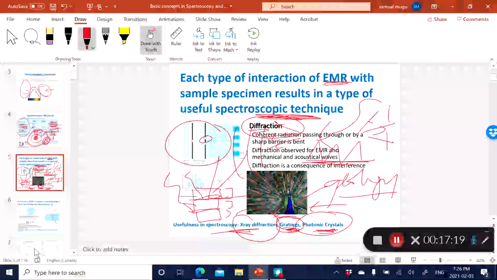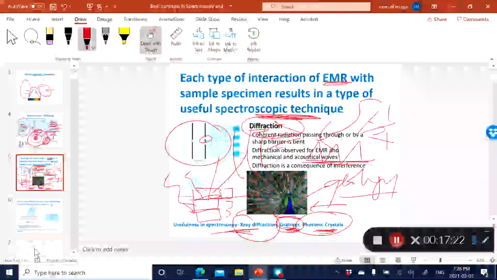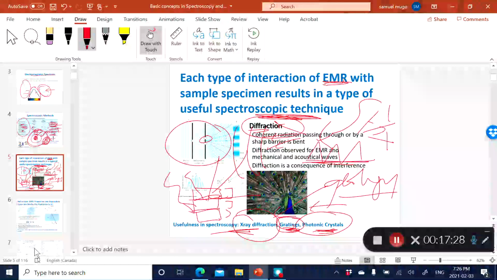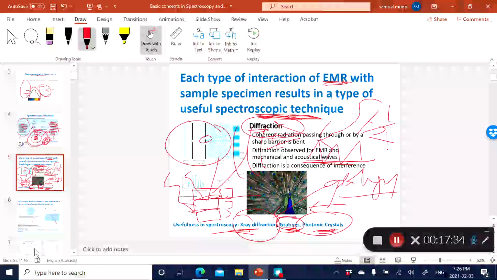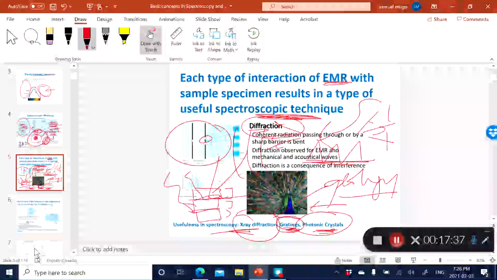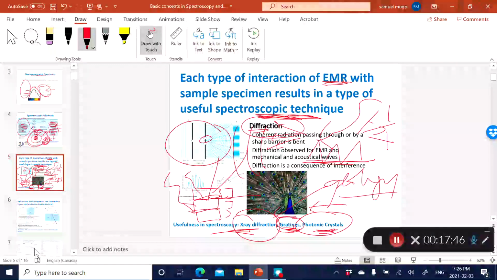And the good thing with photonic crystals is that, unlike chromophores, where you need to keep repainting because the intensity of the color gets bleached over time as the paint is being exposed to the environment, with oxidation and so on, with these photonic crystals, the smart paints, essentially you don't need to repaint.